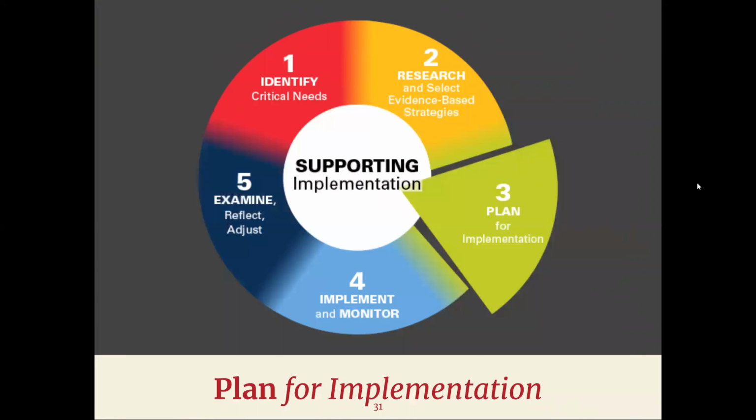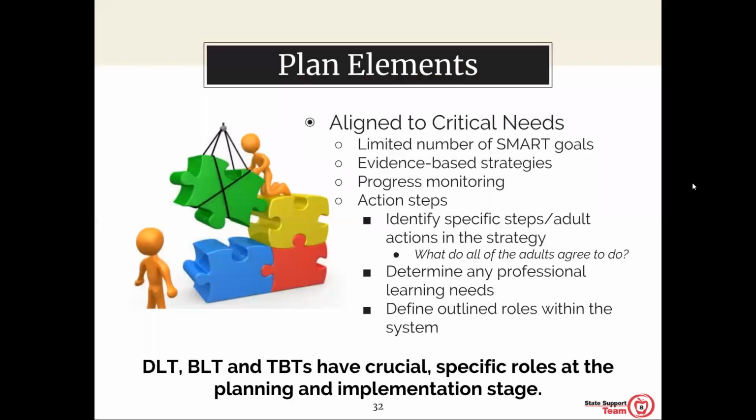Let's move on to step 3, which is plan for implementation. Planning for implementation is an important part of the process, as you will not accomplish your goals without a plan on how to achieve them. Here is what you will need to consider as you develop your plan. Is your plan aligned to critical needs?